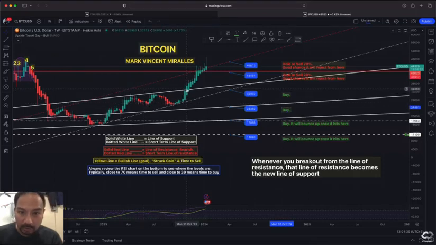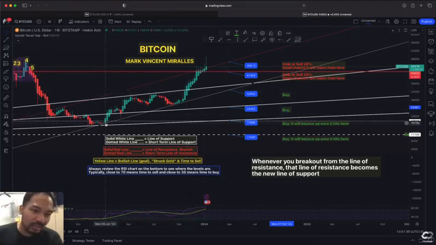Our first sell actually was at 32,932. We bought at 17, let's just say 17. We sold at 32, 33, and we sold again at 42. So if you guys do the math, that's over a $20,000 gain, profit that we had on Bitcoin.